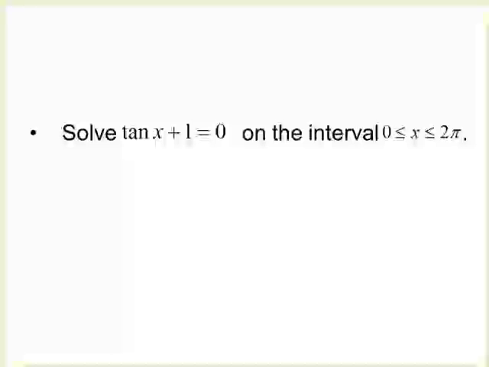What do I do first in this example? Subtract 1. And we're done with our solving for our first step because our trig function's already alone. Second step, SOHCAHTOA. We need fractions if we're thinking about SOHCAHTOA. So what do I do to make this into a fraction? Divide by 1.